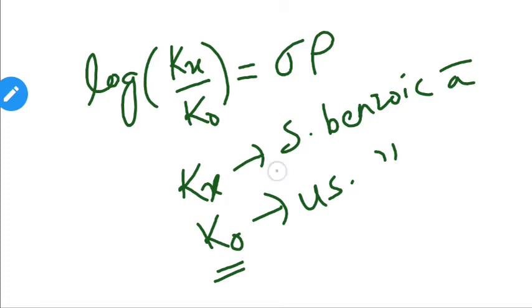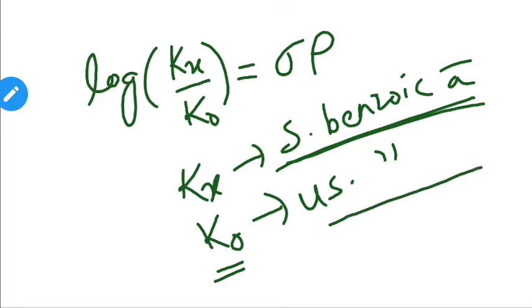So kx is the equilibrium constant for substituted benzoic acid, whereas K naught is the equilibrium constant for unsubstituted benzoic acid. Here again we will try to know some important things.